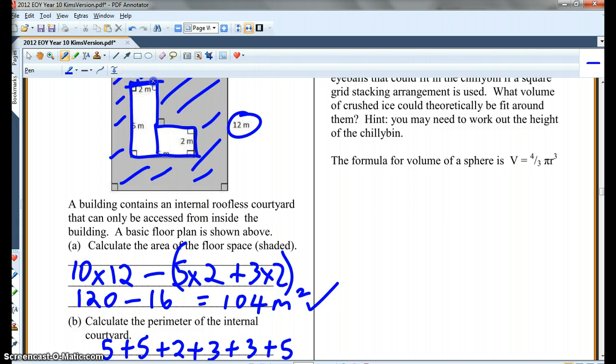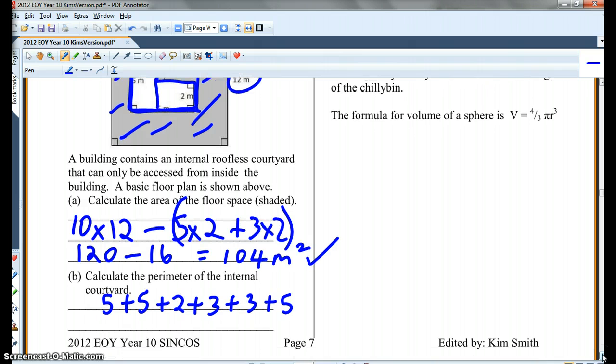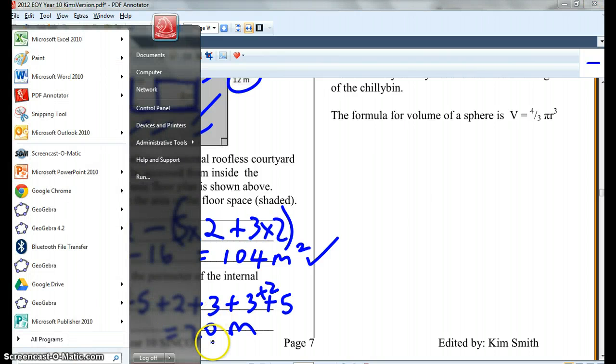I could actually think of it like that, that bit's moved there and that bit's moved there. So 4 5s are 20. So I know it's going to be 20. Oops, I missed out a 2 here, didn't I? 5 plus 5 plus 2 plus 3 plus 2 plus 5. So that's going to be 20. 20 what? 20 meters. Oops, sorry.